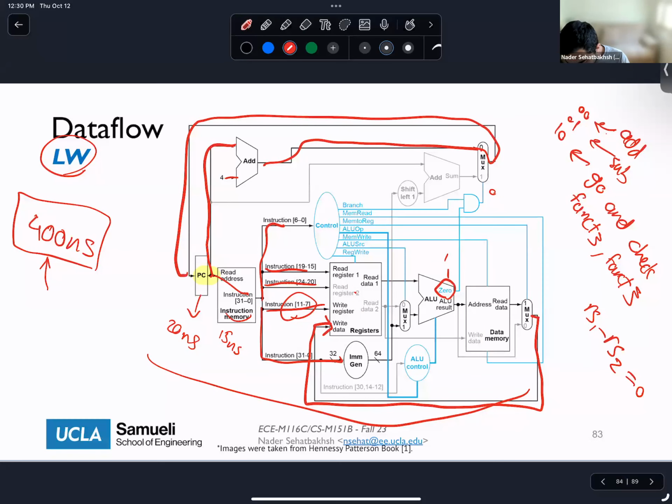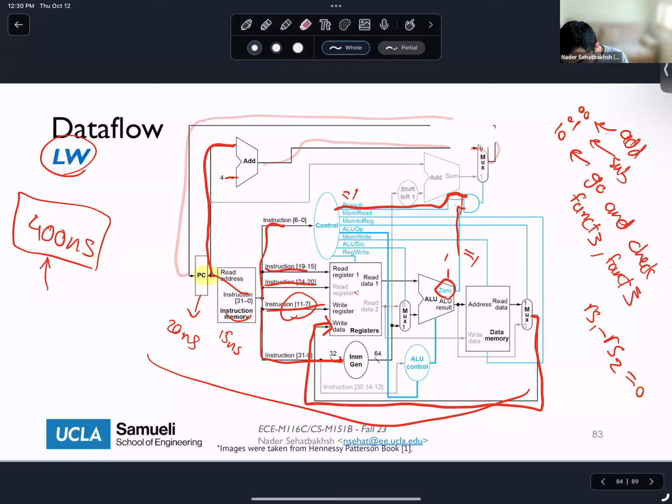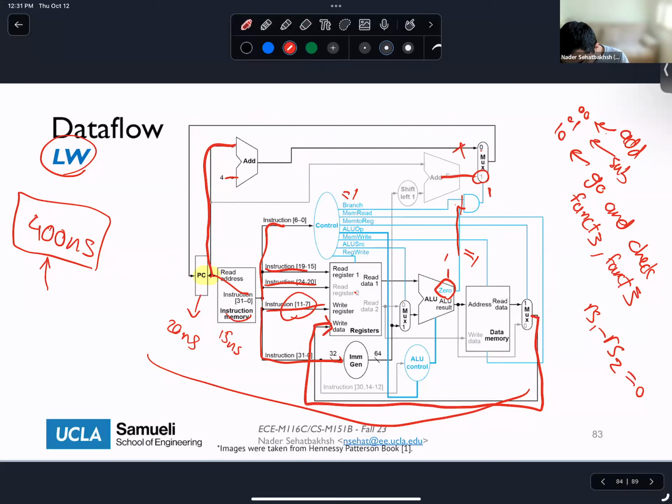So why do we care? Because if zero is equal to 1, and the instruction is a branch equal instruction, this is also equal to 1, so this AND gate would be equal to 1. And if you actually look into this data path, you will see that what happens here is that if this is equal to 1, then we are selecting this path instead of this path.